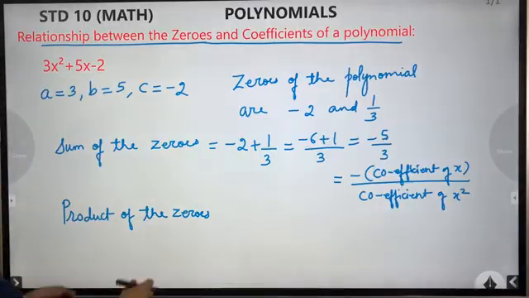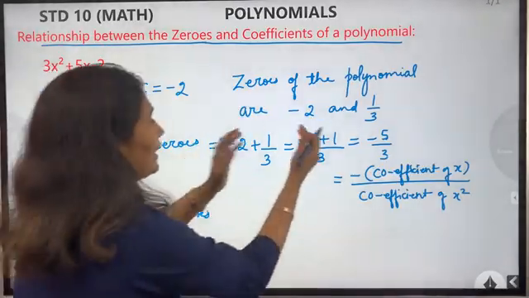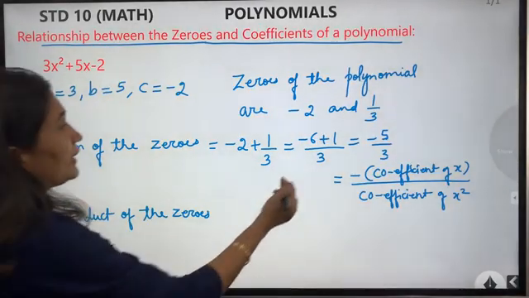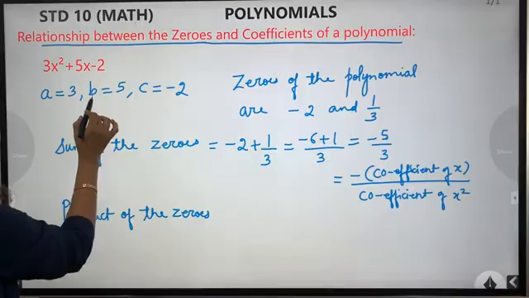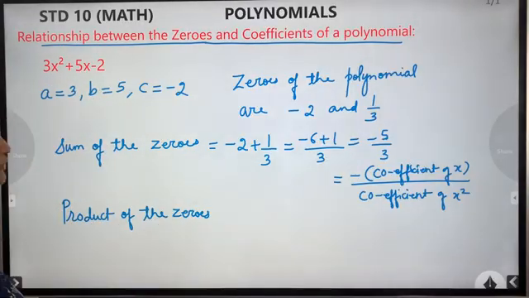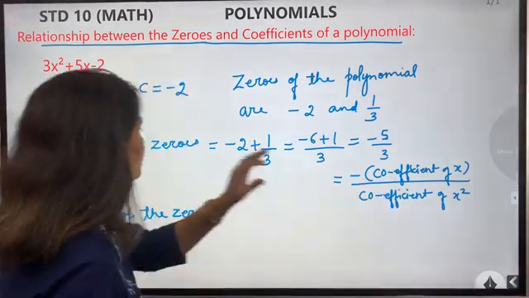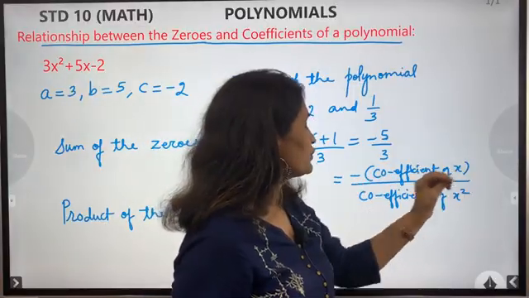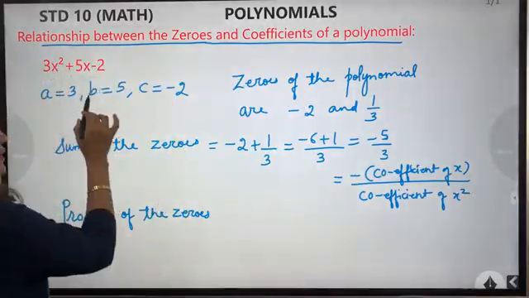So what did I do? I found the zeros, I added them. When I added them, I am trying to relate them to the coefficients of the polynomial, and I saw it is minus 5 by 3, that is the minus of the coefficient of x upon coefficient of x square. So this is what is going to give you your sum of the zeros. But children, can you tell me minus coefficient of x, what is the coefficient of x called as?